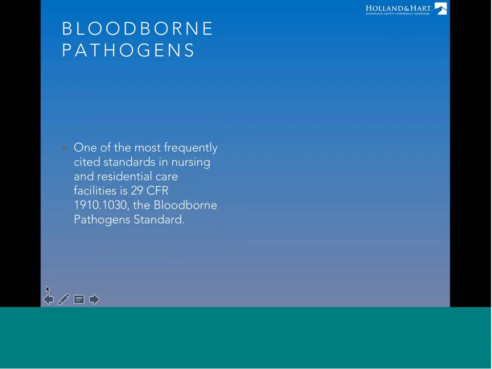It has been in place for some time, and it is worth re-reviewing the requirements of the standard. In particular, hospital and nursing home facilities are going to need to have bloodborne pathogen plans and how they handle the materials, for example, needle sticks is the classic example, but this is a very important area.